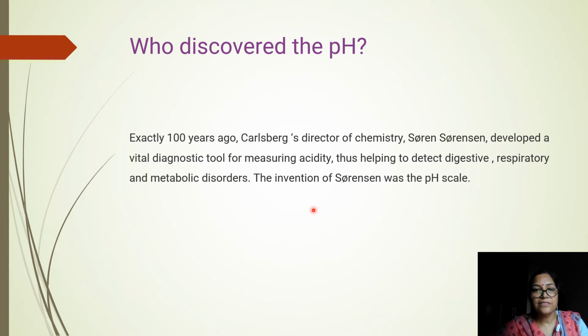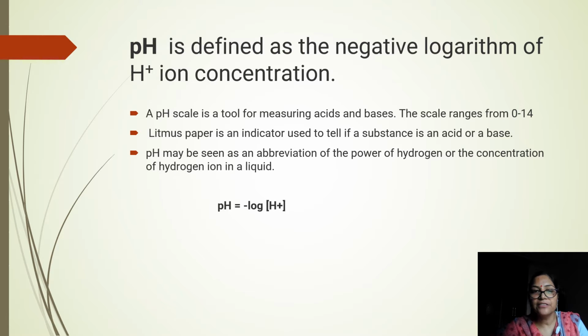First of all, let us study what is pH. pH was first developed by Søren Sørensen. The meaning of pH is the negative logarithm of hydrogen ion concentration.